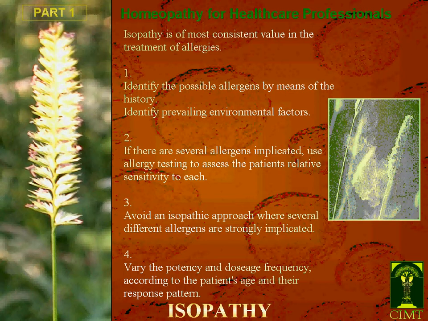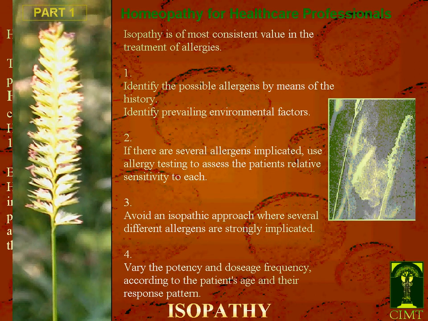And by the time you've resolved sensitivity to one, the other sensitivities will have kept them symptomatically in the same place. As a general rule, isopathy is at its most successful when there are one or two very strongly implicated allergies or sensitivities, and they're very clear and objectifiable. And you tend to use the isopathy according to the patient's response pattern. We'll tell you a little more about that.